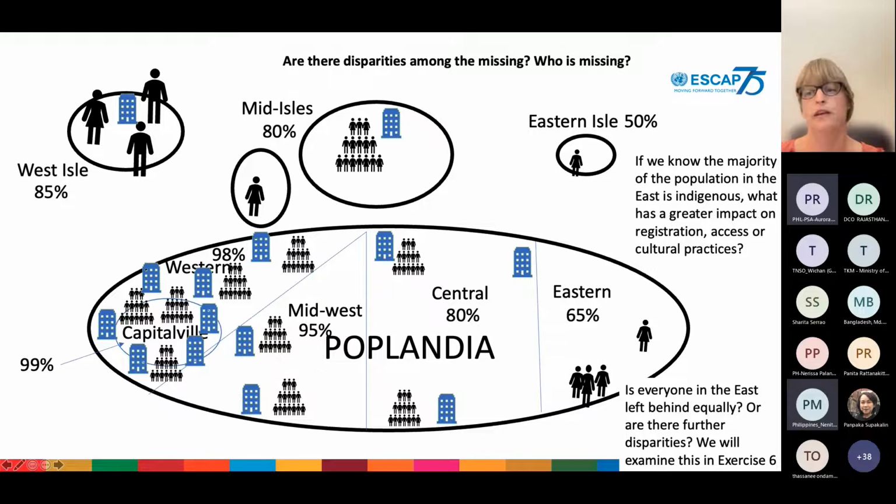So similarly for the Eastern Isle, is everybody living there low registration, say around 50%, or do you see, say, Marzians at 80% and Indigenous at 20%, in which case you probably have both your remote access issue and maybe some cultural issues going on as well. And the reason that we want to know this is because that means there's different interventions that we'd likely have to put in place.